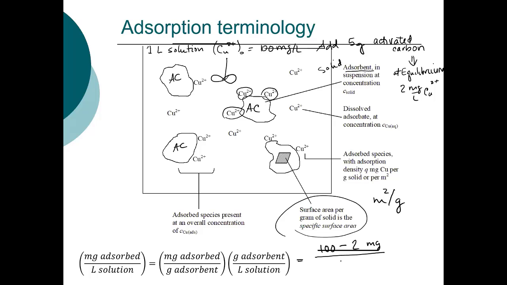And we added 5 grams of activated carbon. So what we have sorbed is about 19.6 milligrams of copper per gram of activated carbon. So that is the amount that is sorbed onto this carbon. So we'll use these concepts throughout this unit.